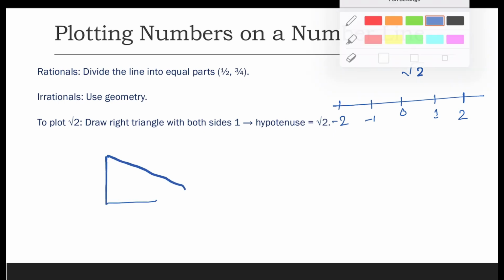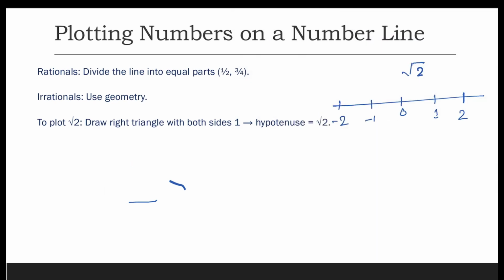So in the Pythagoras theorem, if we look at a right angle triangle, and the perpendicular sides, the right angle sides, are 1 unit, then what would be the hypotenuse of this triangle?